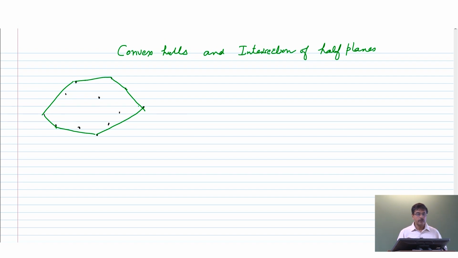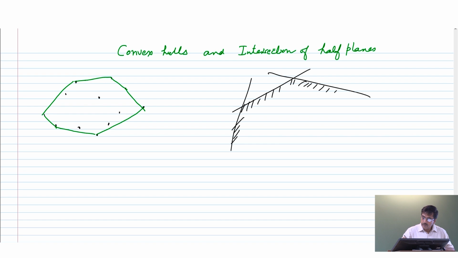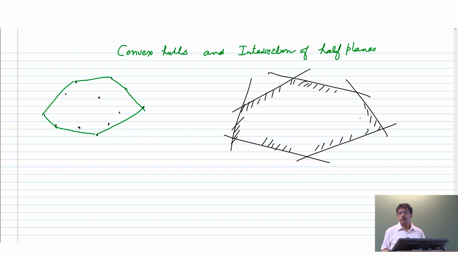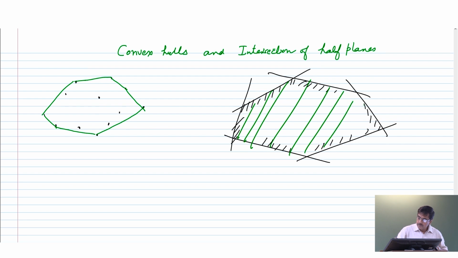So, this is a convex hull. Now, similarly, if I am given a set of half planes, so half planes basically means that this is the half plane I am referring to, this is the half plane I am referring to. So, this area enclosed by all the half planes, which is basically this shaded portion, that is the intersection of these half planes.